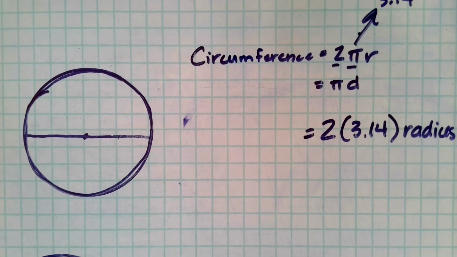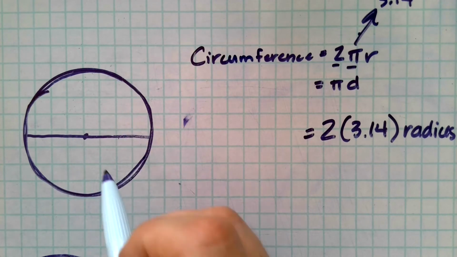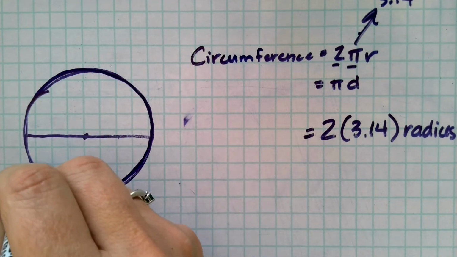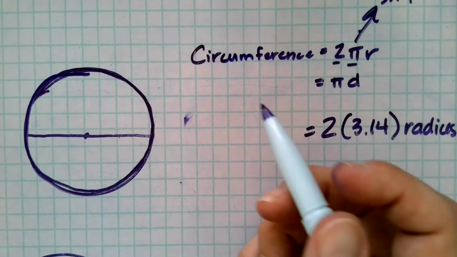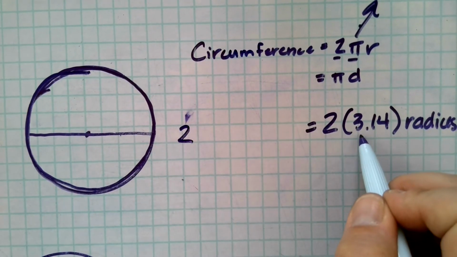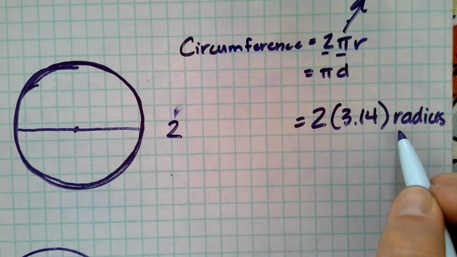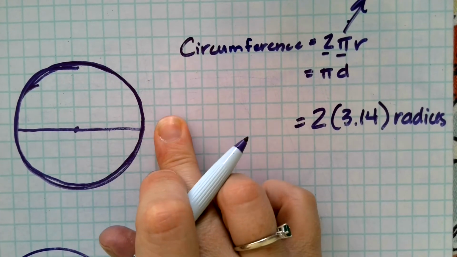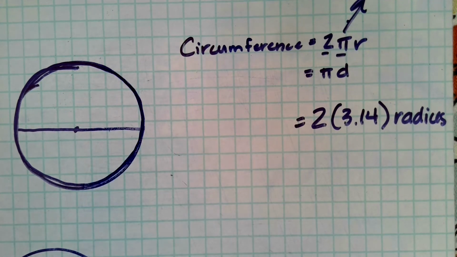There we go. The circumference of a circle equals 2 times pi, 3.14 times the radius. There you go. What a great song, huh?